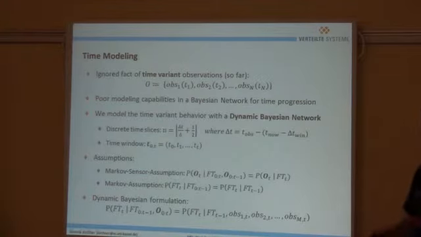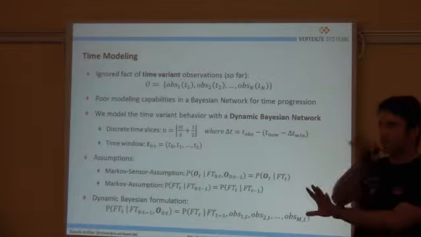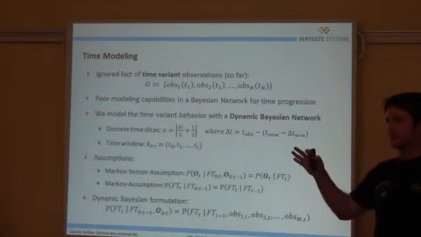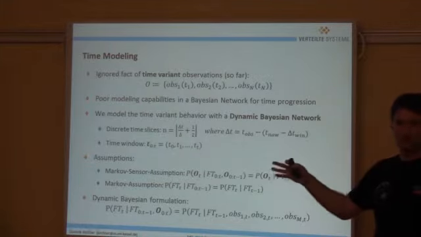The dynamic Bayesian network is simply a Bayesian network replicated in time. So you have some discrete time slices in that problem, and you replicate your network for each discrete time slice. And for computational complexity, you assume that you work with some time window.